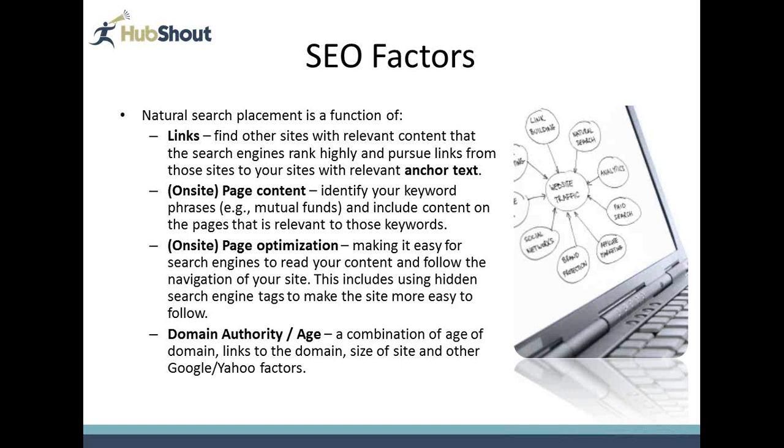Just using extreme examples, if all of a sudden every top tier news publication in America started linking to a website, all those websites are very authoritative. The links are relatively new, but they all start linking to one website.